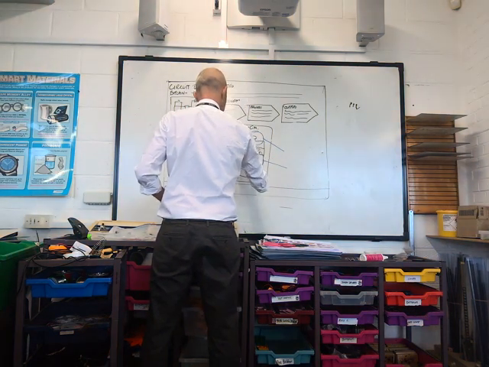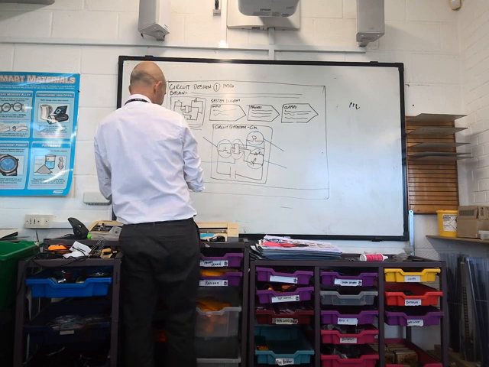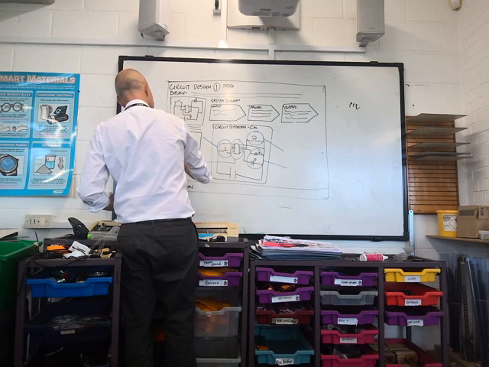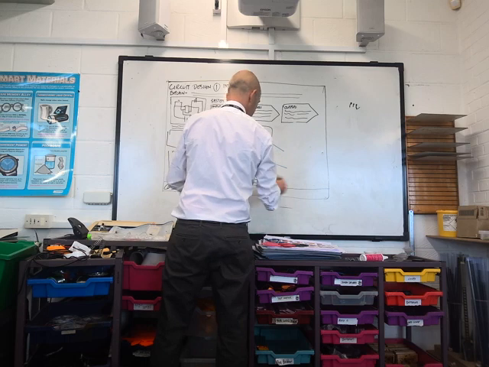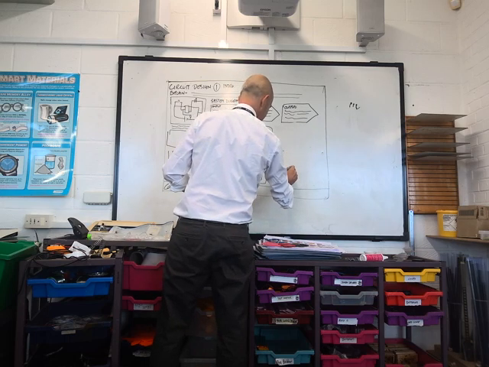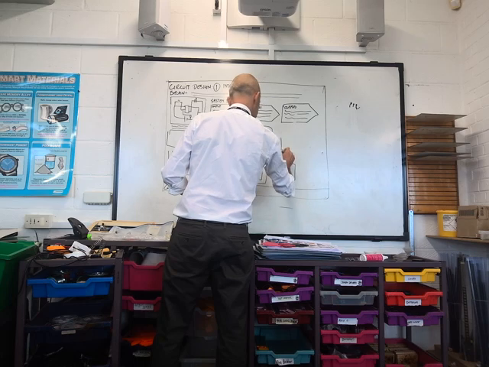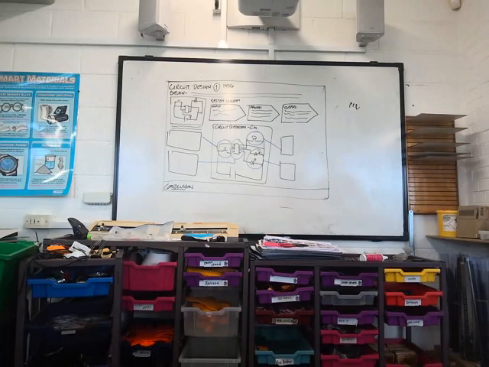And I want you to explain exactly how your circuit is working. Okay? So here, and we're running out of room a little bit, we do something like that. You with me? Explaining how it works.